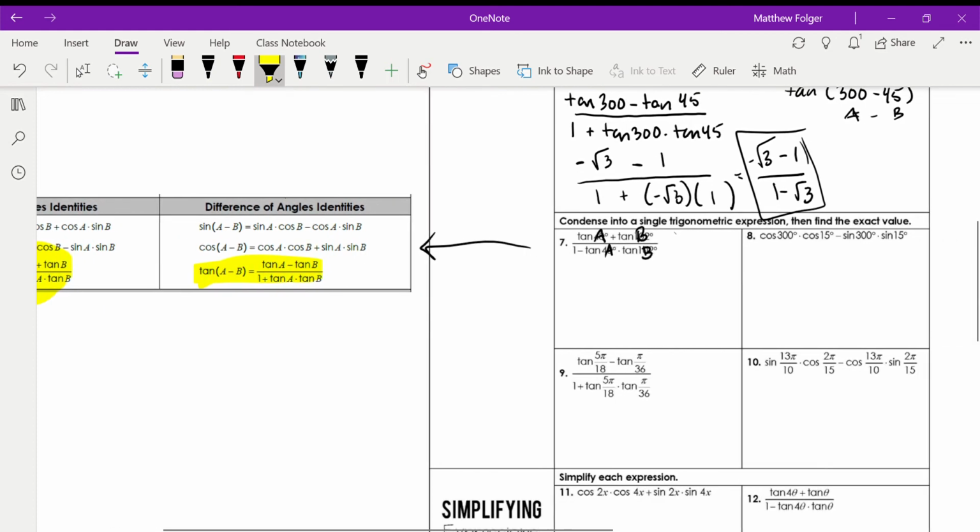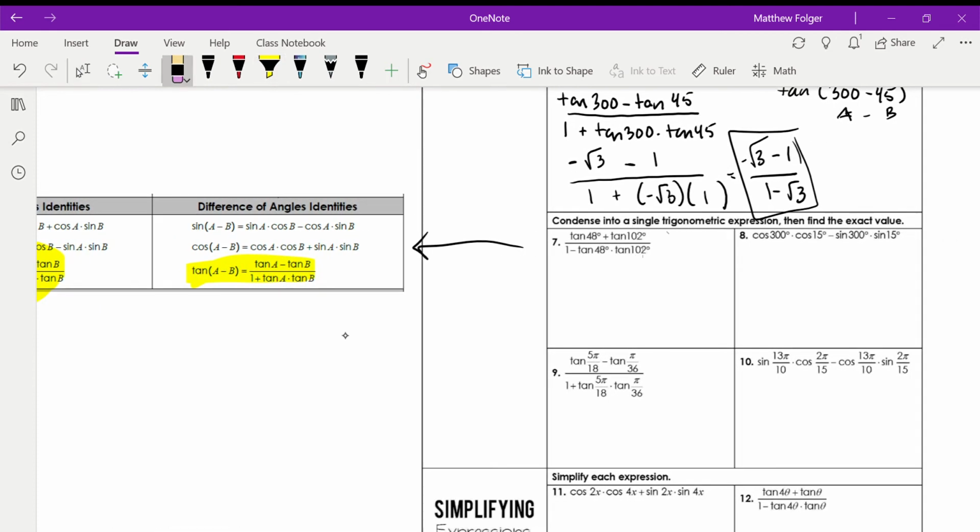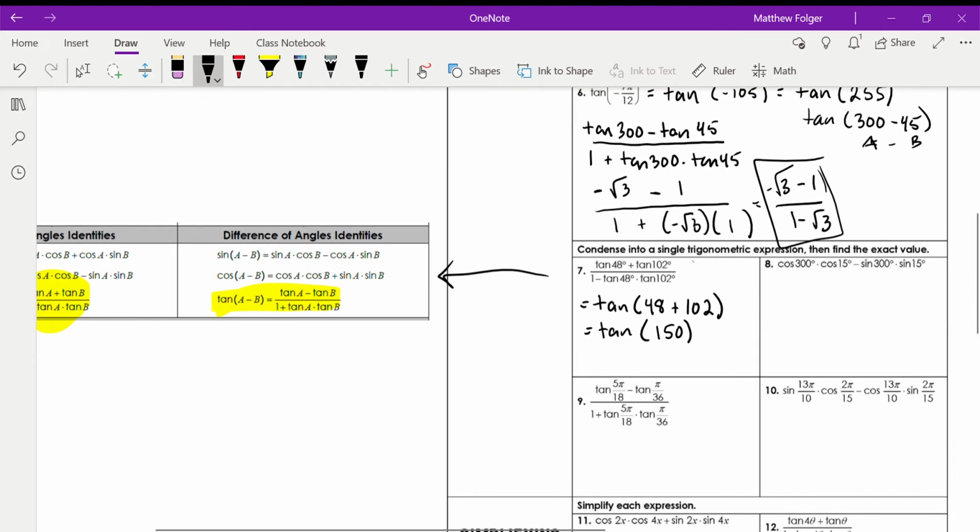So going back to this, I'm going to take the A and the B off here. Well, A was 48. So it'll be tan of A plus B is 48 plus 102. This is the tan A plus B formula. So tan of 48 plus 102 is 150. And we have an exact value for tan of 150.